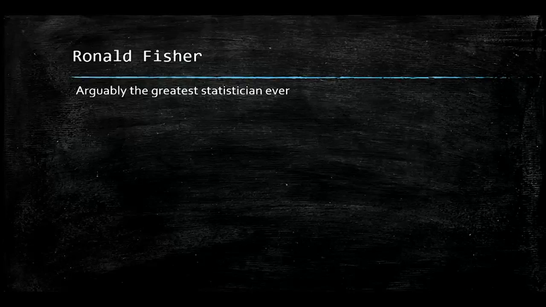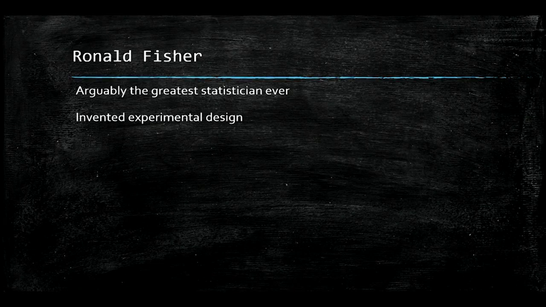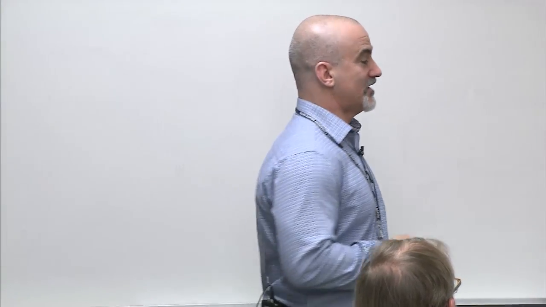So Ronald Fisher, arguably the greatest statistician ever. There's too many accomplishments to list. The whole screen would be filled with his work. He invented experimental design, which we're actually using right now, and so far I'm still awake. Right? So this is used throughout the sciences. He was behind that.